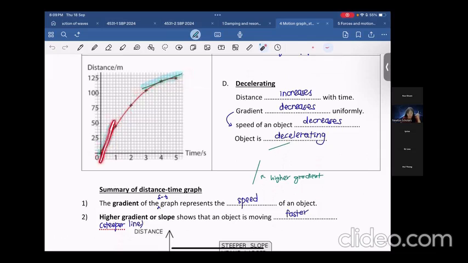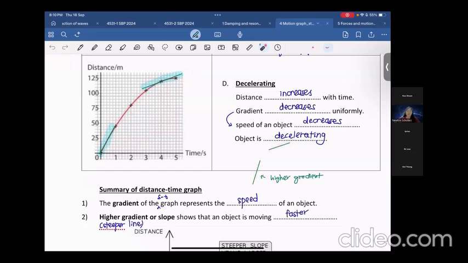The initial section has a steeper line, and this one is less steep. That means fast speed goes to slower speed. So it is moving, yes, but slowing down. This we call deceleration. I draw the gradient like this, and I know that this is the higher gradient.